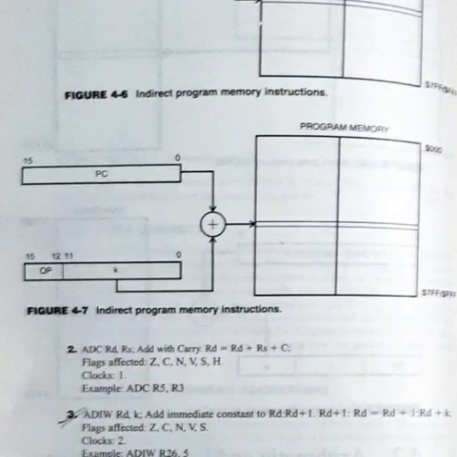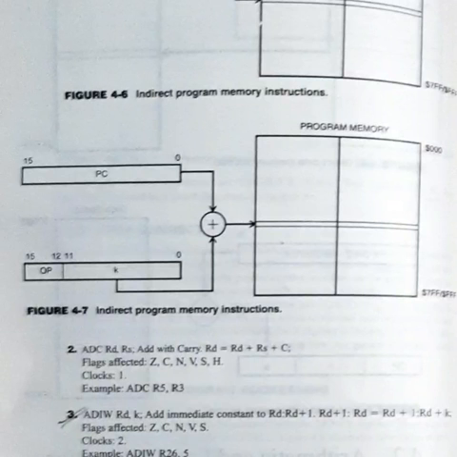Next, SBCI RD, K: subtract immediate with carry, RD equals RD minus K minus C, and it uses 1 clock. Then SBC RD, RS: subtract with carry, RD equals RD minus RS minus C, and clock is 1.